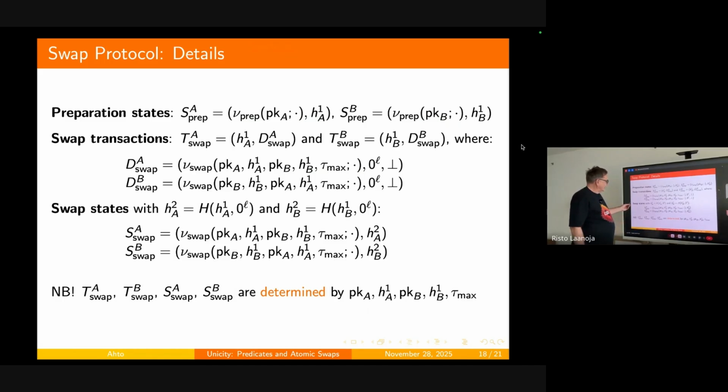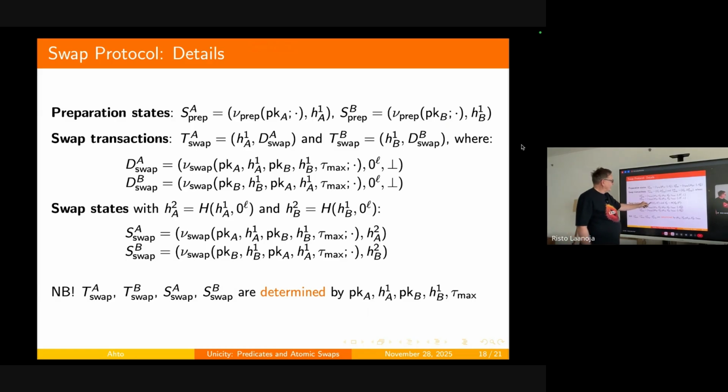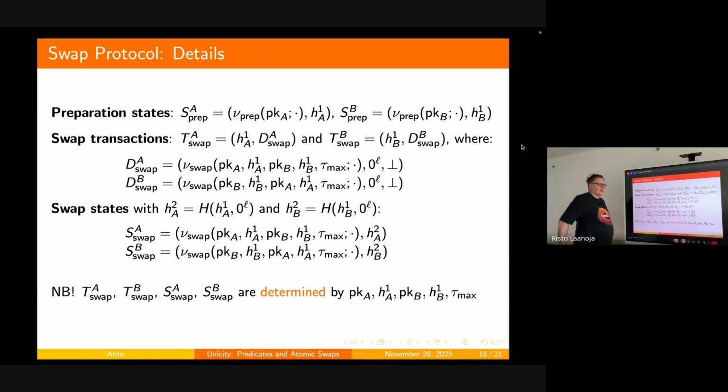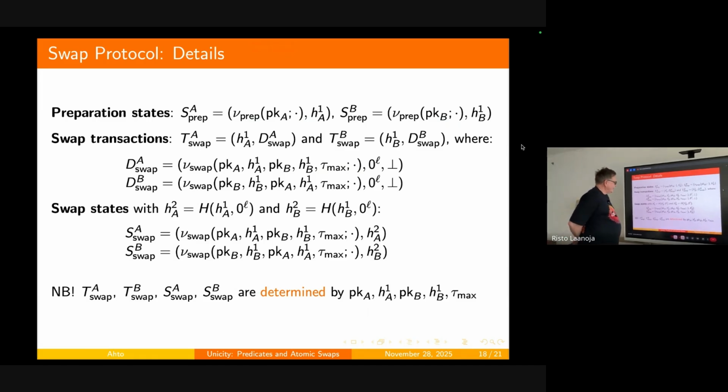Okay, and then if those transactions happen, the new hashes will be like this. So they are just as I described in one of the first slides. They're just iterated. Recall that this is in the place of x here.